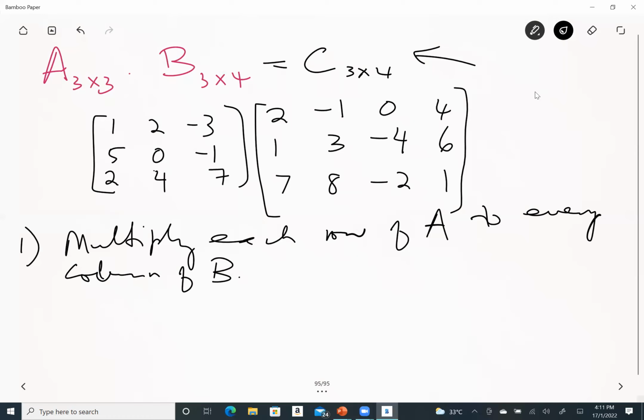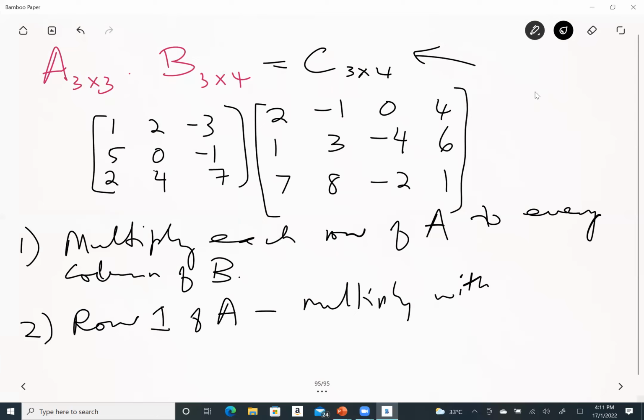Now, what do we mean by each row of A to every column of B? Okay, this is what I mean. You consider row 1 first. Row 1 of A. You multiply with what? With column 1 of B. All right.